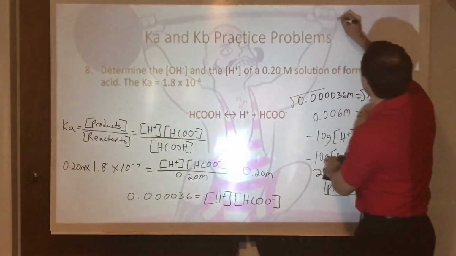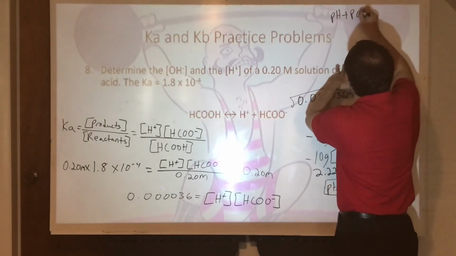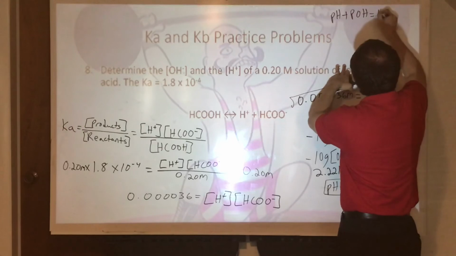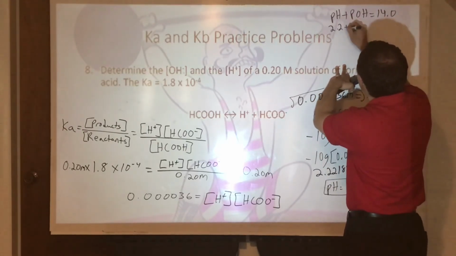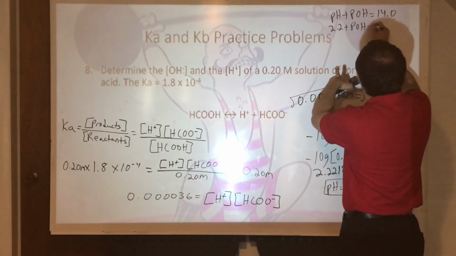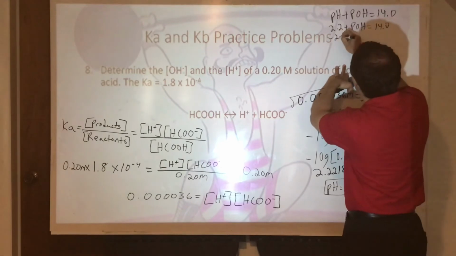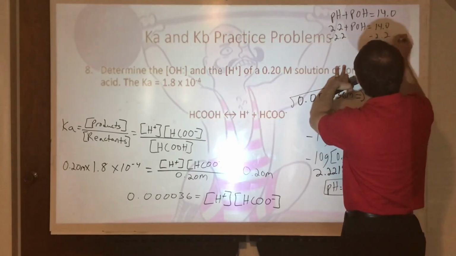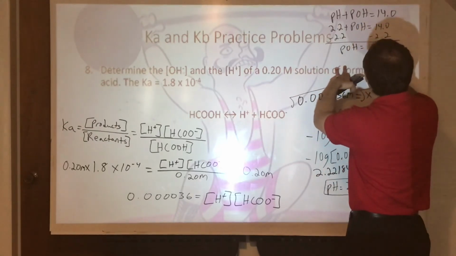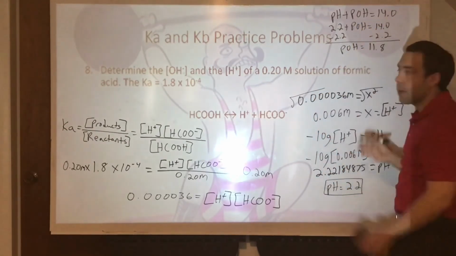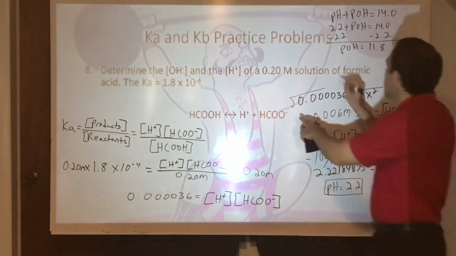I'll write it up here. pH plus pOH is equal to 14.0. Well, if our pH is 2.2, and the pH plus pOH must equal 14, if we subtract 2.2 from both sides, we get the pOH is equal to 11.8.